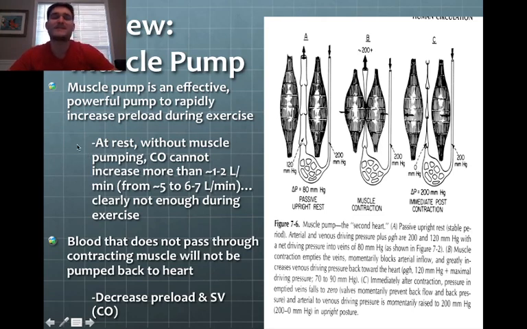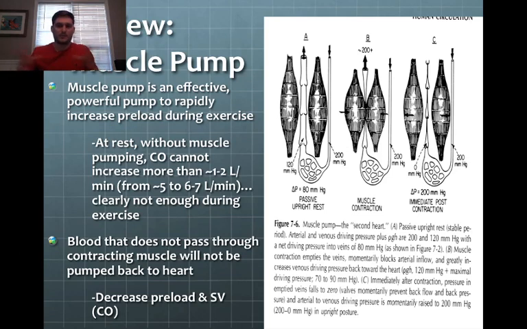So it is necessary for those skeletal muscles to be delivering blood back to the heart in order to maintain any aerobic dynamic exercise. And so the blood that does not pass through the contracting muscle will not be pumped back to the heart. Again, skeletal muscle pump has no effect on these regions of the splanchnic circulation, right?